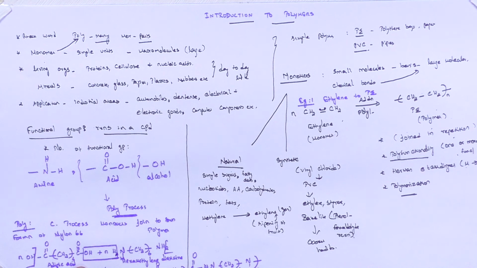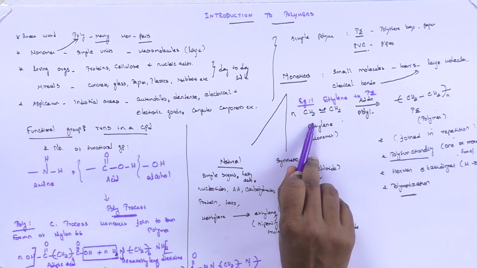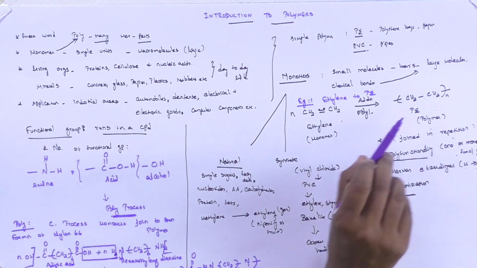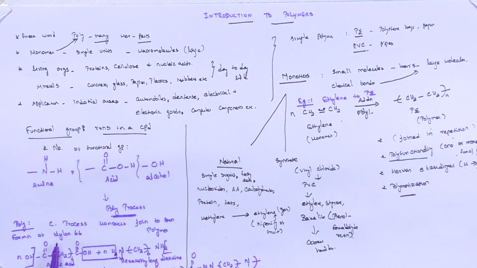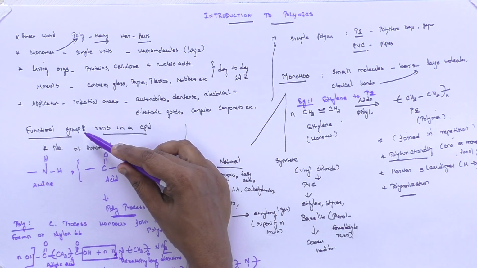You can see in this process, you take 2 different monomers, adipic acid and hexamethylene diamine, where a single polymer of nylon 6,6 is formed. But in the previous example, you take only one monomer where there is polymer formation. So this is about the process of polymerization. In the second part, we saw what is the functional group.